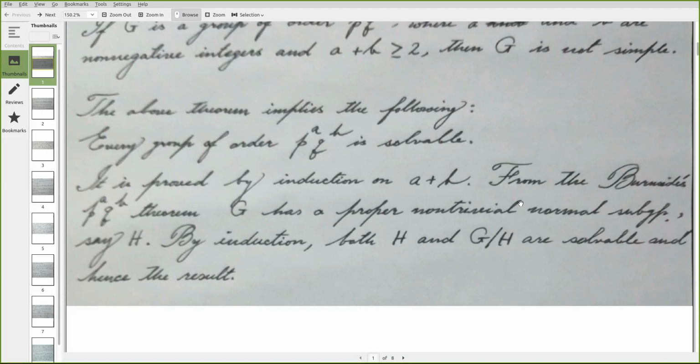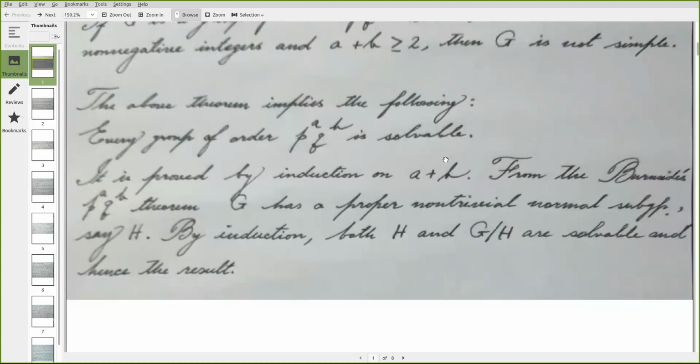So both have order of the type p to the power something and q to the power something, but the sum of the exponents of p and q will certainly be less than a plus b, because H is proper and non-trivial. So therefore you are allowed to use induction, and you obtain that both H and G mod H are solvable.